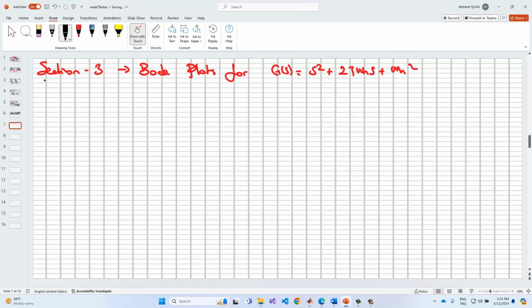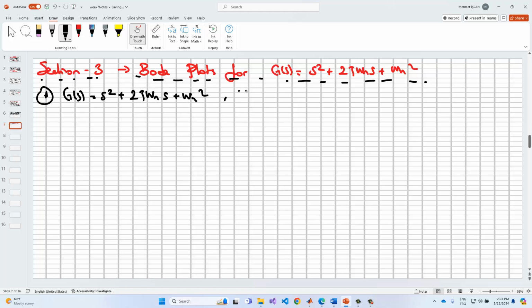Because it's important, because it's a second order system approximation for the transient and steady state response, okay? And for the second order system we have these terms, and so G(s) equals s squared plus 2 zeta omega n s plus omega n squared, right?